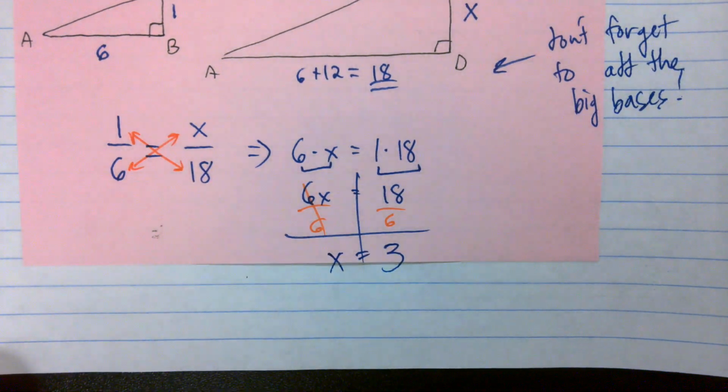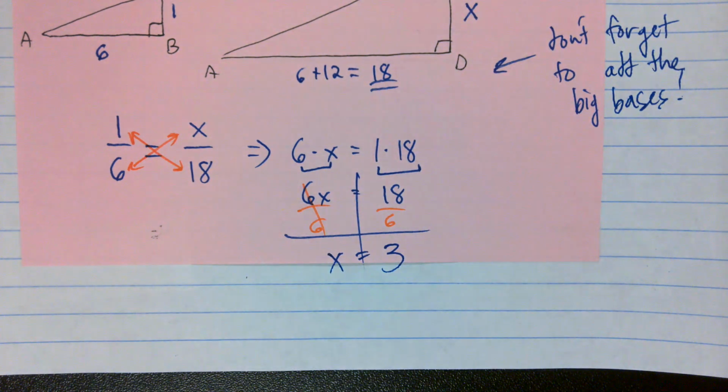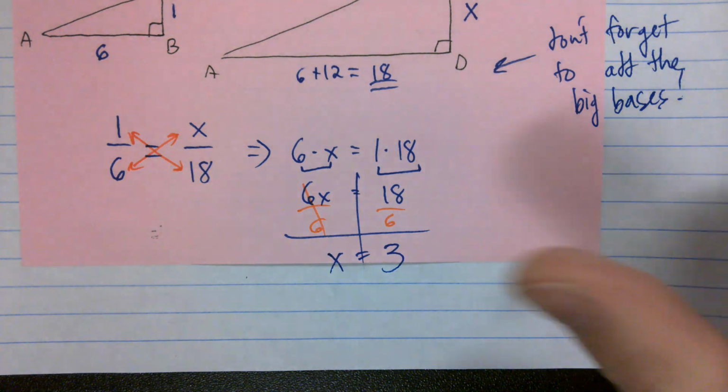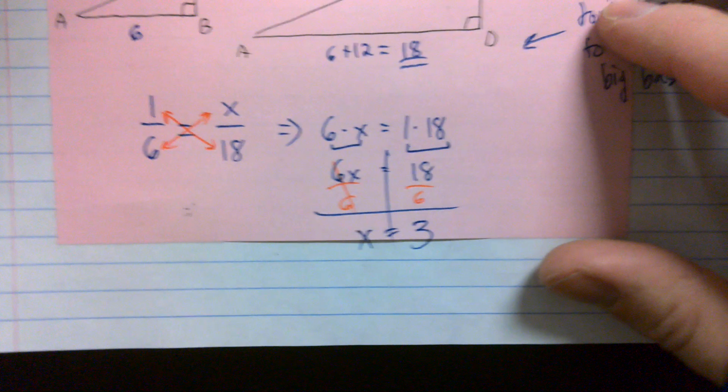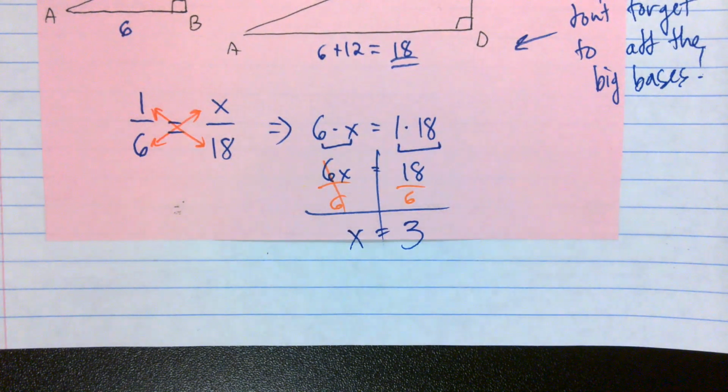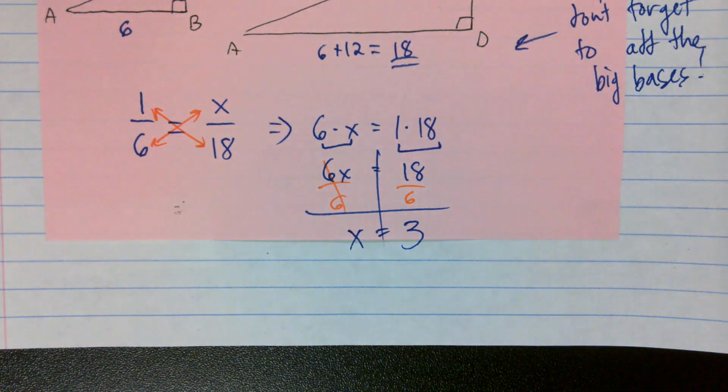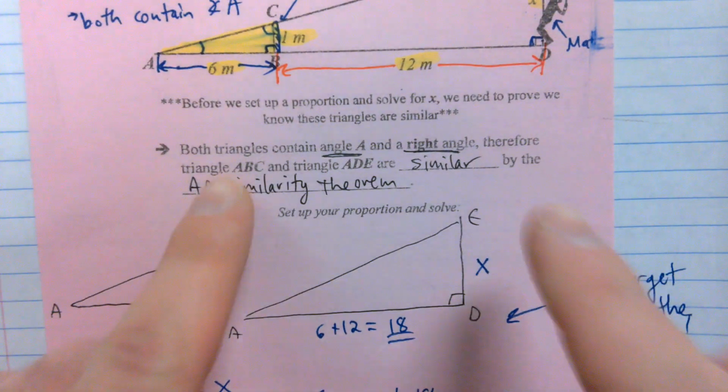So the math part of this is exactly like yesterday, right? Set the proportion up, corresponding sides in the same spot in our fraction, cross multiply, divide it out. But because these are word problems, we need units. So what is this 3 representing? Is it 3 tennis balls? Is it 3 inches? What is it? 3 meters.